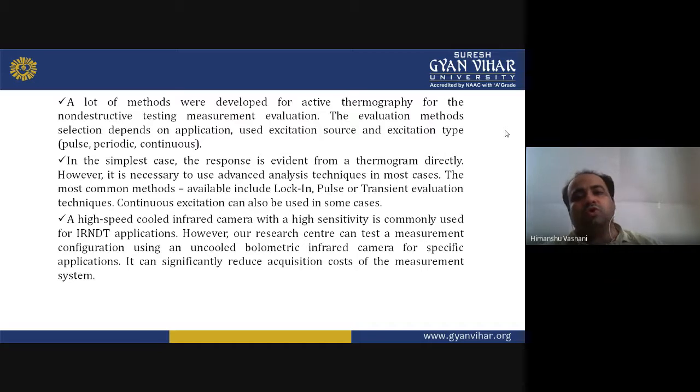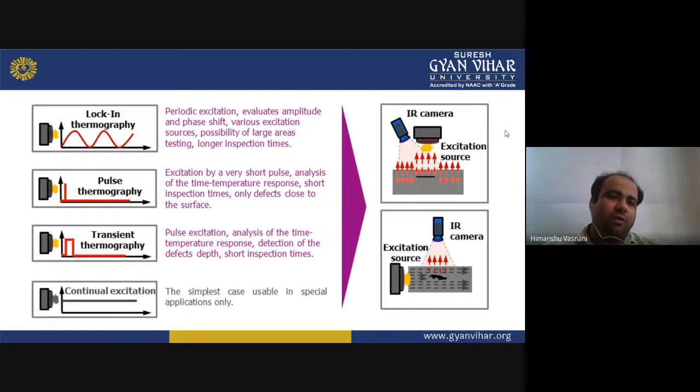So the most common methods available include lock-in thermography, pulse or transient evaluation techniques, and continuous excitation can also be used in some cases. I have shown you these techniques in the previous slide. You can see again the lock-in thermography, then pulse thermography, then transient thermography, continuous excitation.